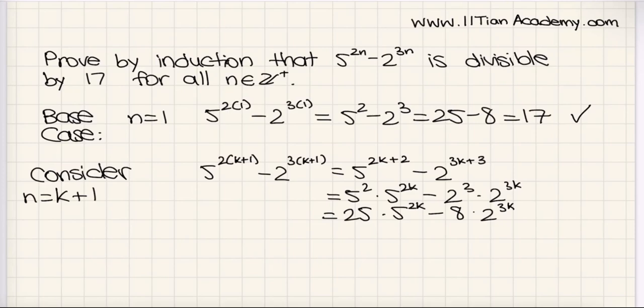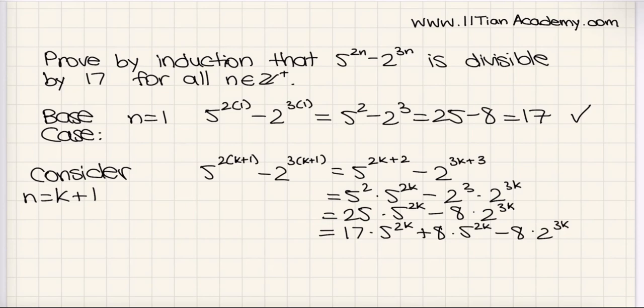So we can split the 25 up into a 17 and an 8. So this is the same as 17 times 5 to the power of 2k plus 8 times 5 to the power of 2k minus 8 times 2 to the power of 3k.